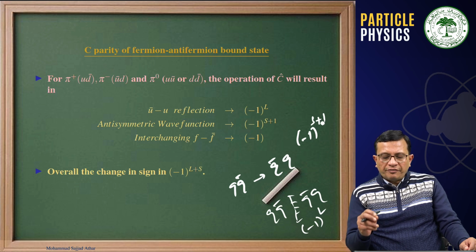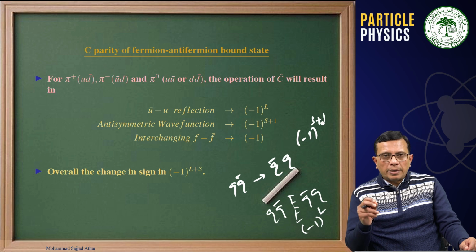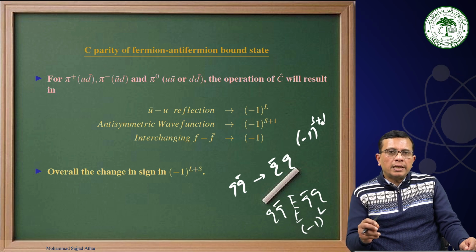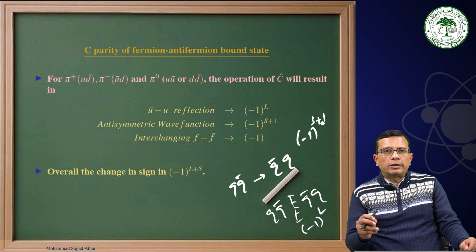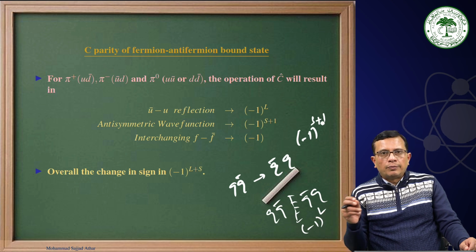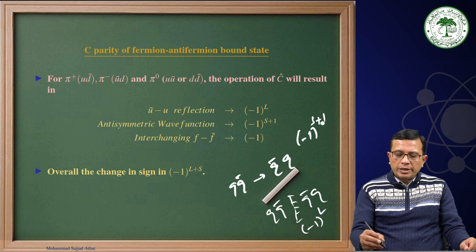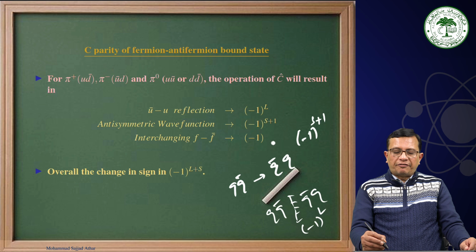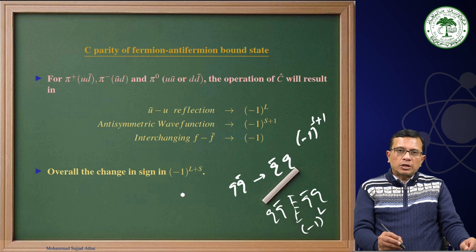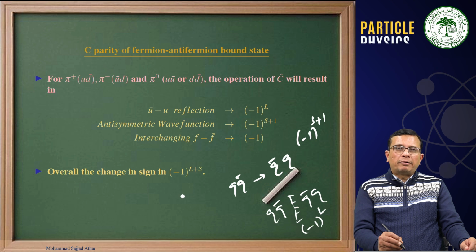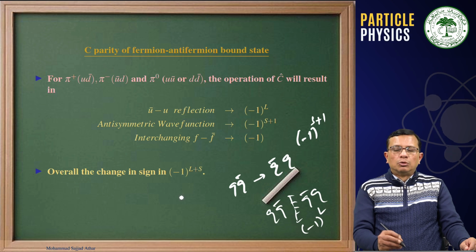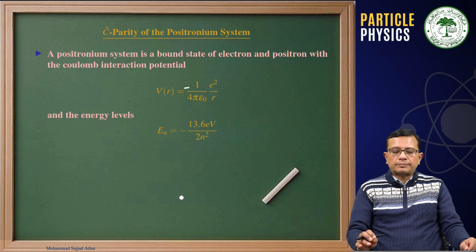There should also be a factor of minus 1 to the power L. And then, to be consistent with Dirac theory and quantum field theory, we need a factor of minus 1. Therefore, overall, including all three multiplicative factors, we have for the quark anti-quark system a factor of minus 1 to the power L plus S under charge conjugation.